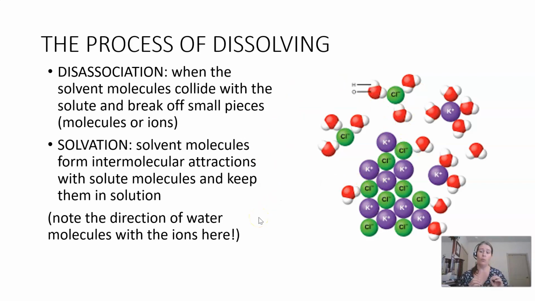And you'll notice that the water molecules are pointing at the ions in a particular way. They are hydrogen side towards the negative chlorines and oxygen side towards the positive potassium ions. And so there's something to think about here as to why that might happen.